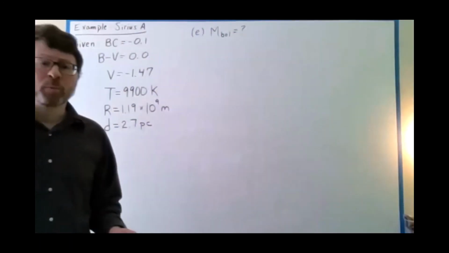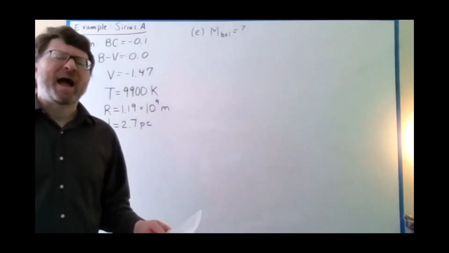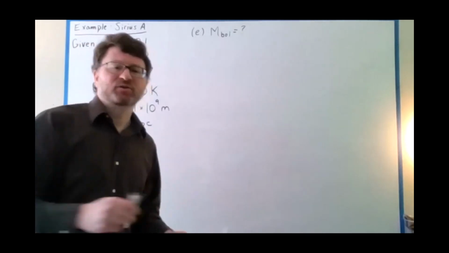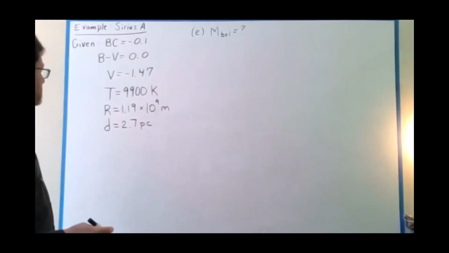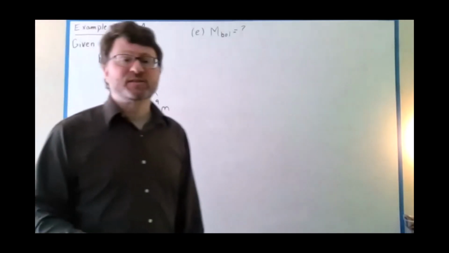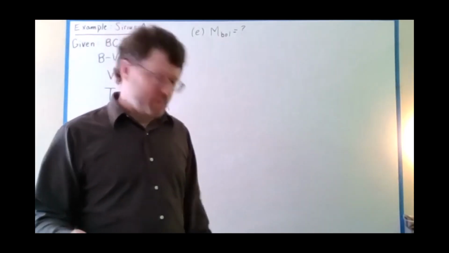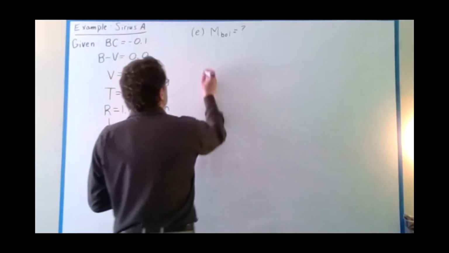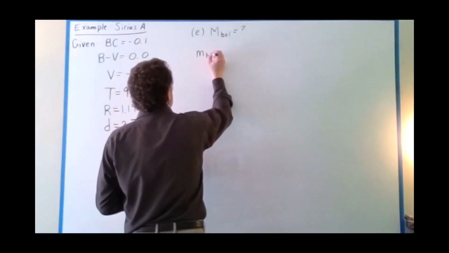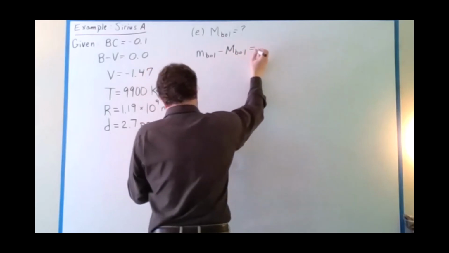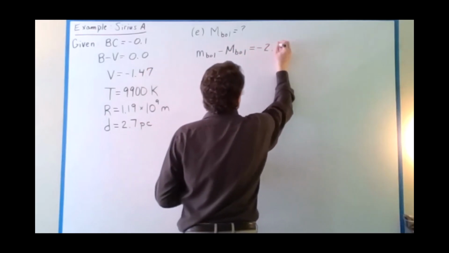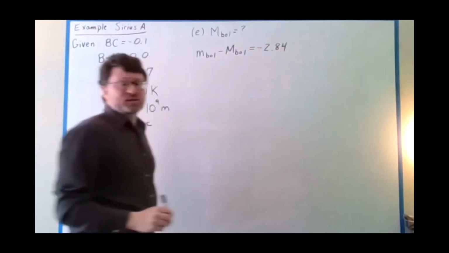All right, so M bol, the absolute bolometric magnitude, is what? That's what we're asked in E. Well, we could make use of this distance modulus that we were just talking about. In particular, it must be that lowercase m sub bol minus capital M sub bol is equal to that negative 2.84 that we had just found.